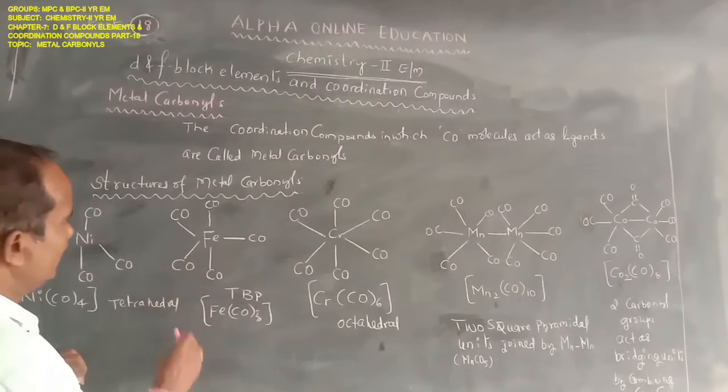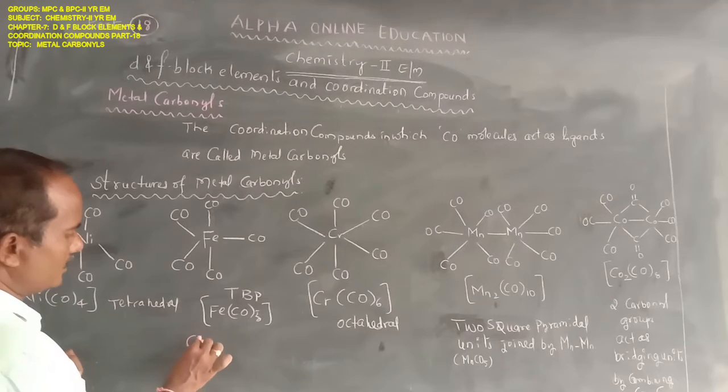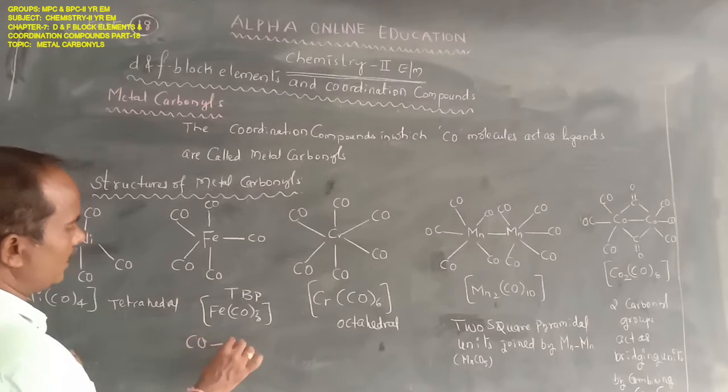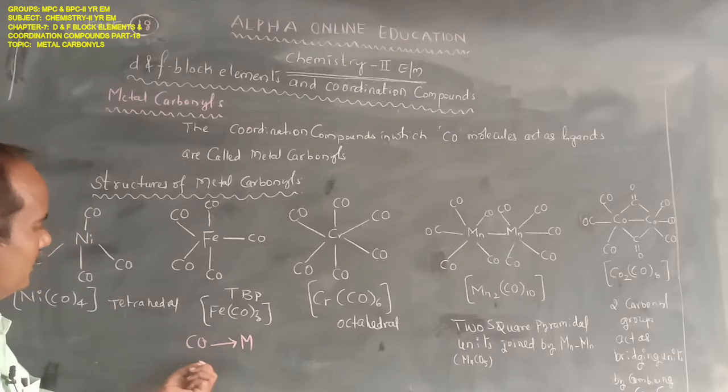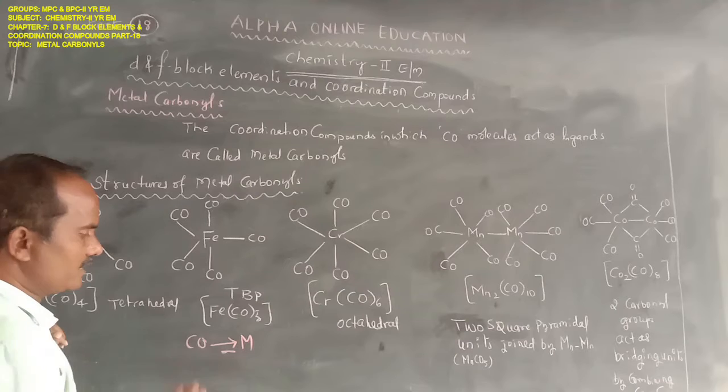First, from carbon monoxide to metal, a sigma bond is formed.